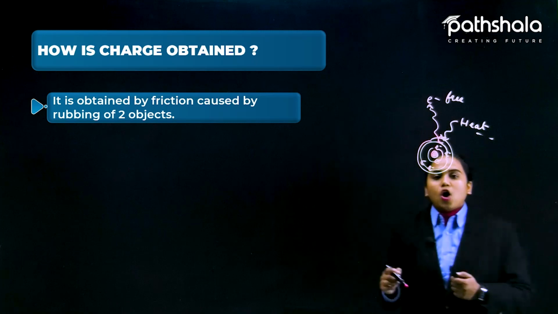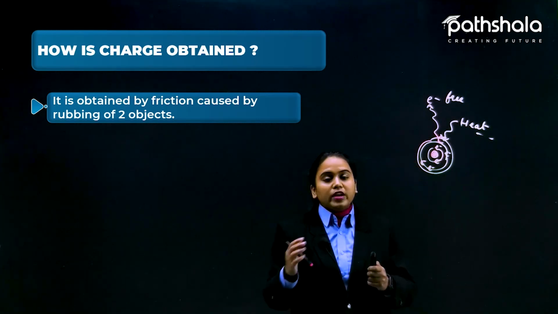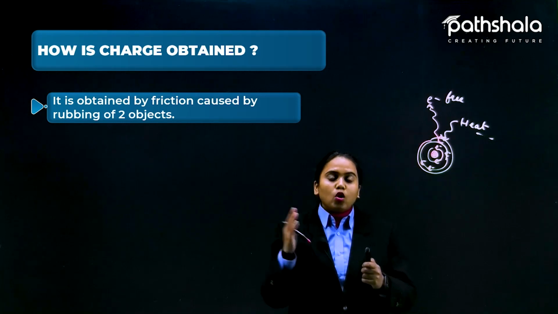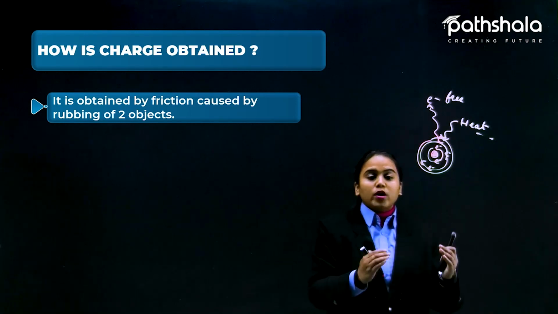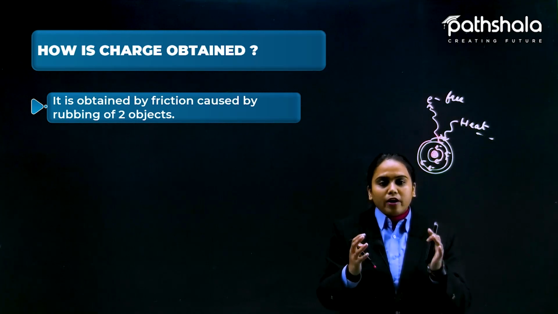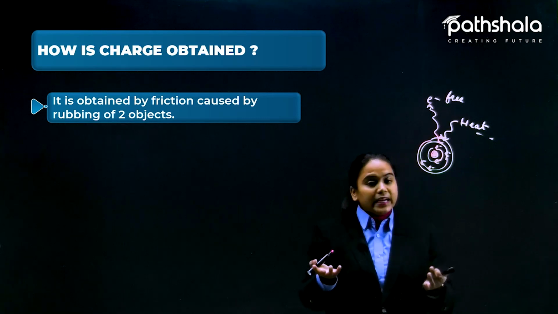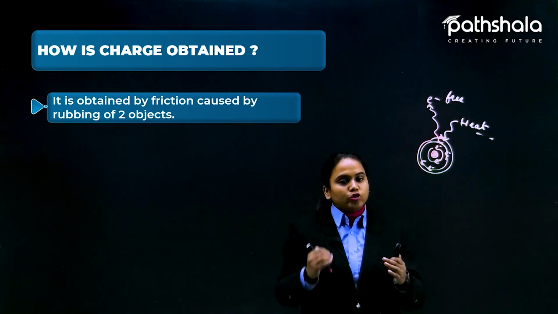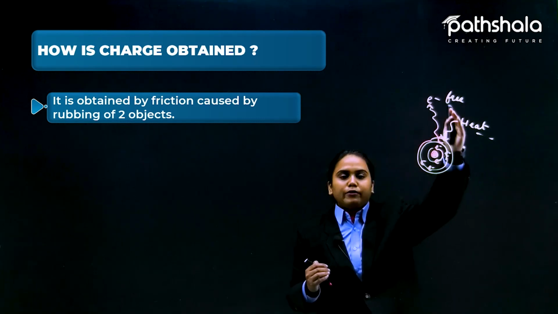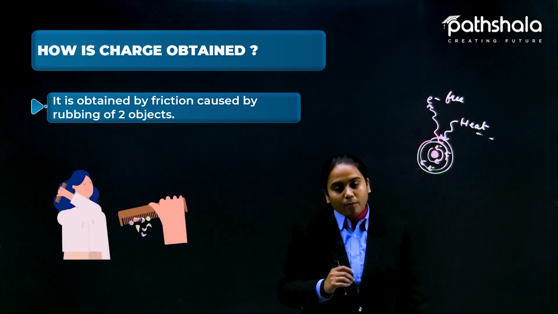So this is how this charge can be obtained. And not only by rubbing two objects, if solar energy is directly in contact with any kind of atom or any kind of object, the surface area would get heated up and that heat would lead to the same phenomenon. So this is how charge can be obtained.